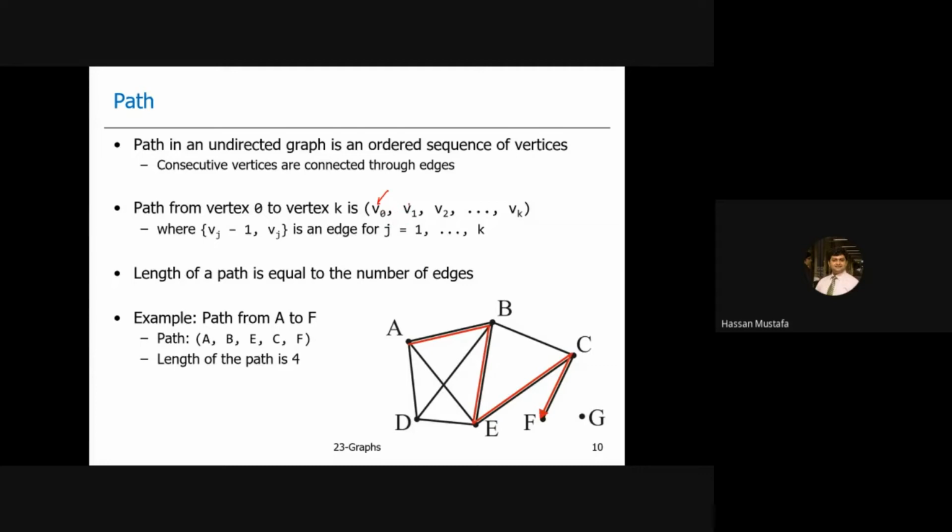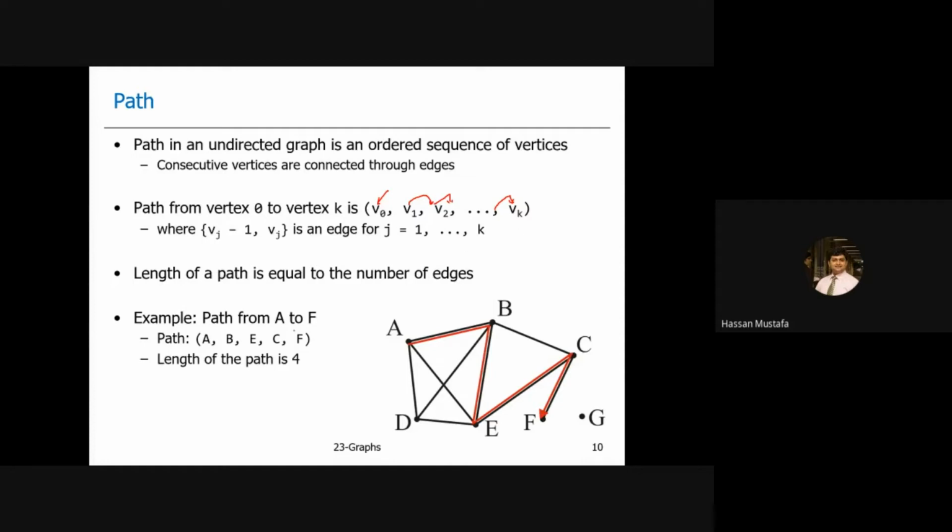Then from V1 I move to V2, then to another node, then eventually from the second last node I move to Vk. So I need to note down the exact sequence of edges that I've taken from source to destination, and if I write down those vertices in a sequence, it's the path from source node to the destination node.